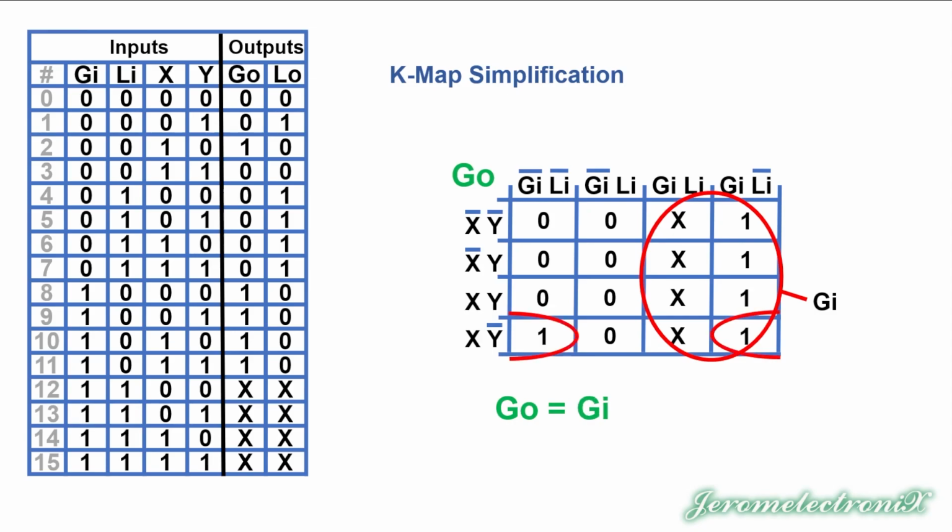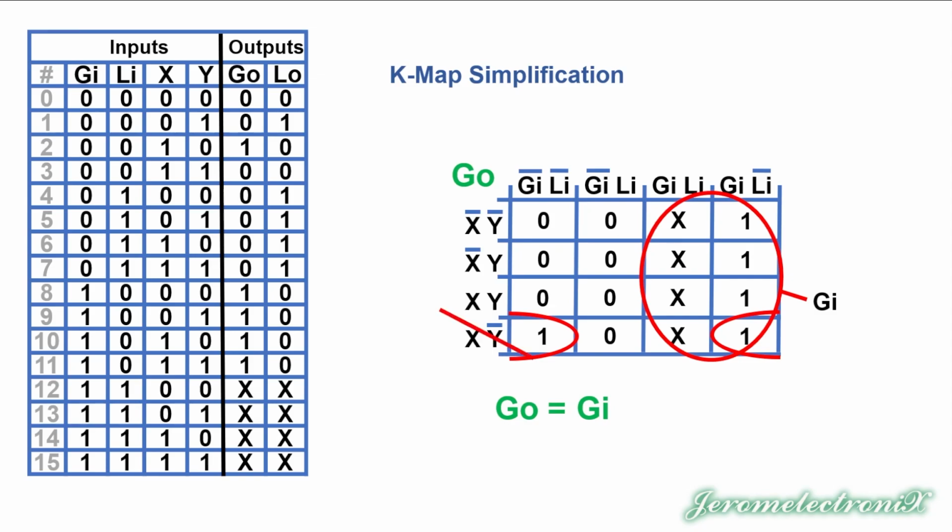And then we have to keep X not Y in our simplified equation, because there's nothing to compare and cancel against. But up at the top, we've got Li and Gi. Looks like the Gi's are opposites across the top there, so they will not be used in our resulting equation.